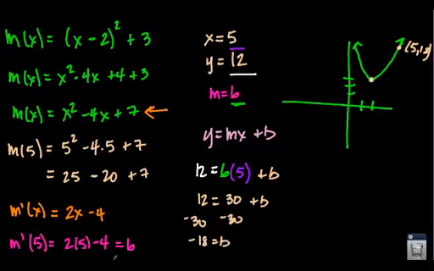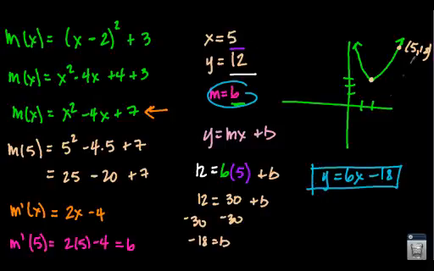So to rewrite my final equation, I say y equals my slope, which we found from the derivative, 6x minus 18. If I were to sketch this tangent line, it would look something like this. I'm really bad at drawing on this tablet, so we'll pretend this is a straight line. And this point would be negative 18. Alright, so that is how you find the equation of tangent lines.